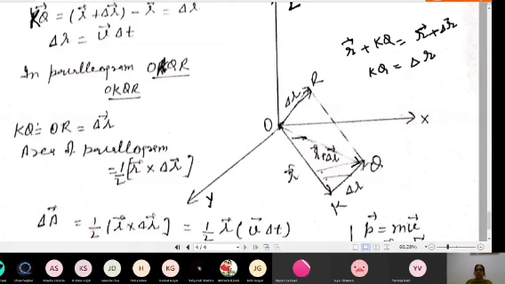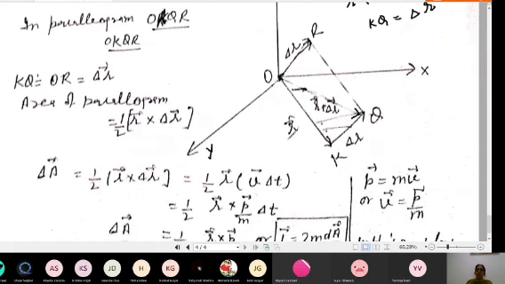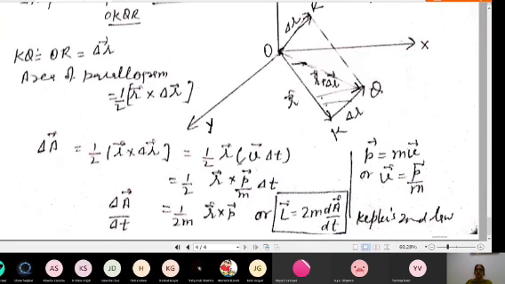Because KQ is delta r, OR is also delta r. Whether you follow the triangle law or the parallelogram law, you get the same result. The area is 1/2 r into delta r, and this delta r is v delta t, so I can replace it with v delta t.